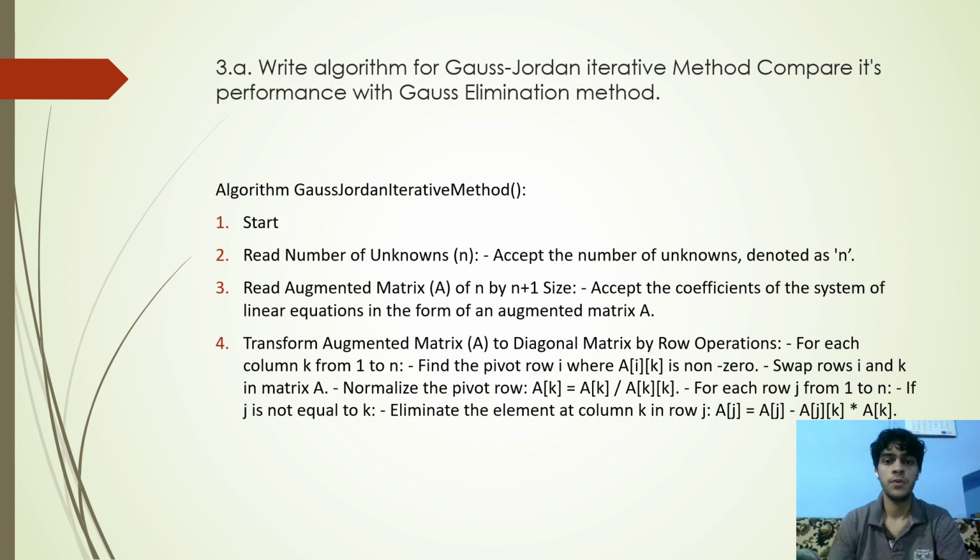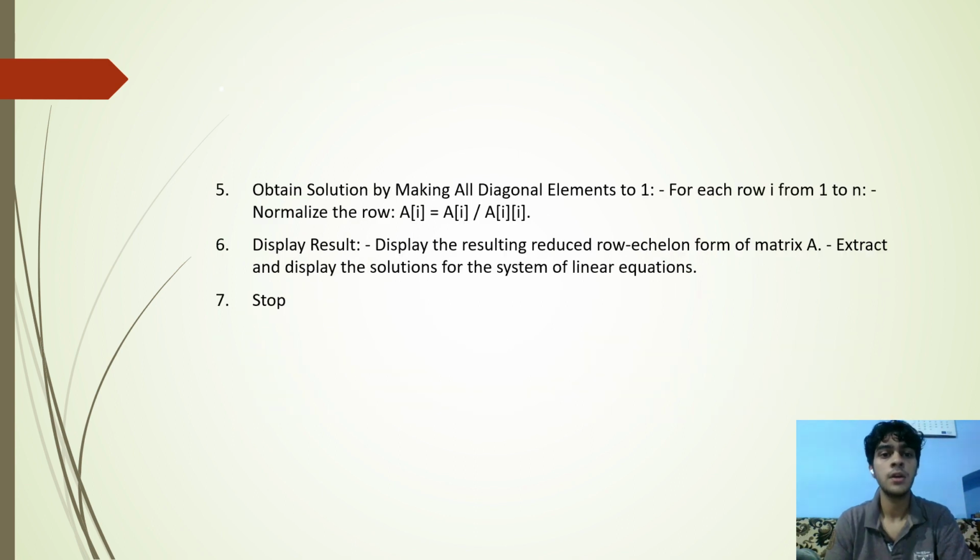So we have to make all the diagonal values 1 and everywhere else 0. Then obtain the solution by making all diagonals equal to 1: for each row from 1 to n, normalize the row, ai equals ai divided by aii. Then display the result, the reduced row echelon form of matrix A. Extract and display the solution for the system of linear equations, then stop.